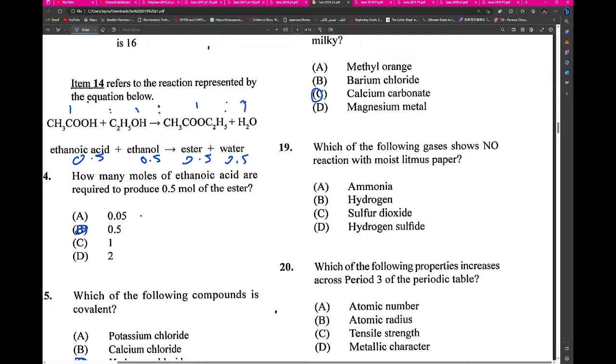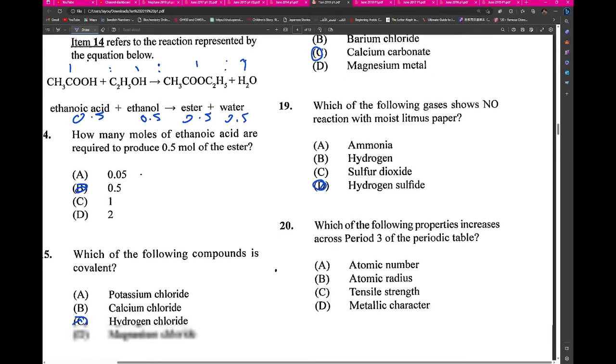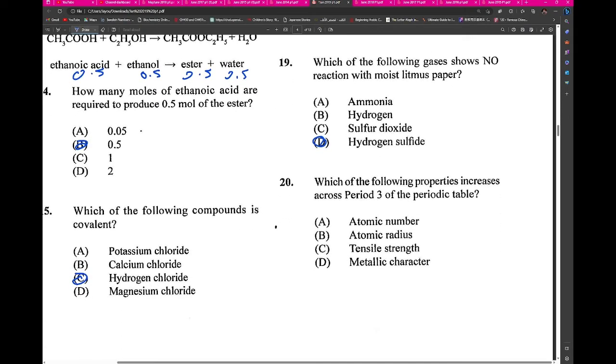So the dioxides of group 4 elements are acidic in nature. Hydrogen sulfide, no reaction with moist litmus paper. This is quite interesting. We'll go with hydrogen sulfide for now. Which of the following properties increases across period 3 of the periodic table? Atomic number will increase.